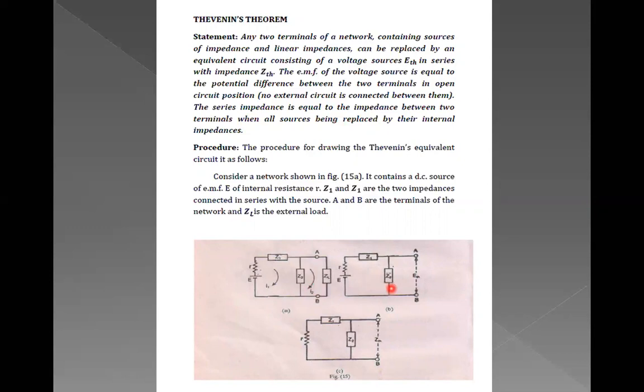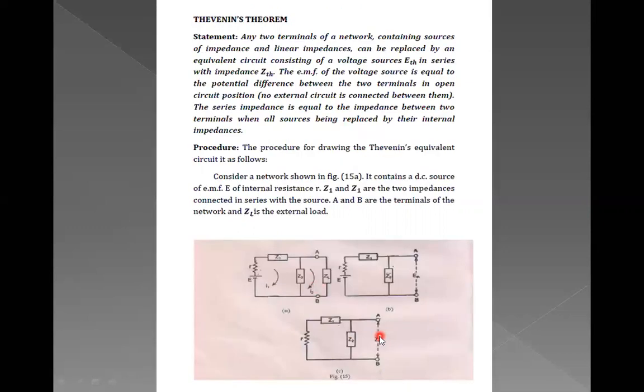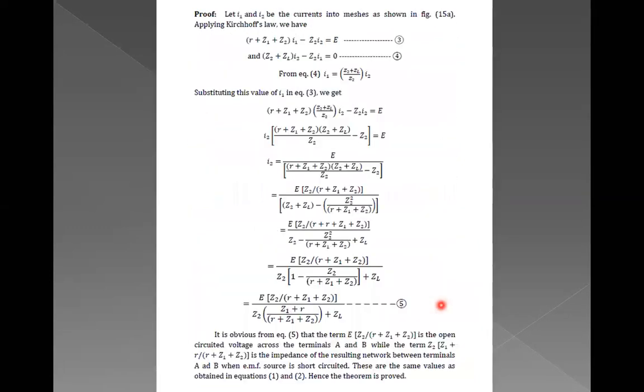Now we have changed this circuit into an equivalent circuit, which looks like this, and we are going to prove Thevenin's theorem, where the current through the load resistance in a linear network, I2, is equal to ETH by ZTH. Now this is the proof.